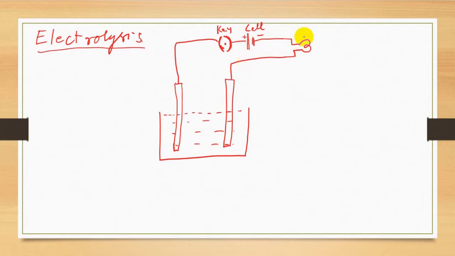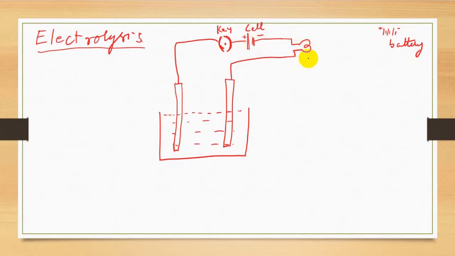Always remember that. If I had given it this way, one smaller, one bigger, then in this case, what is happening? I have taken three different cells. So in that case, I can call it a battery. Clear? And the longer one is again positive and the shorter one is negative. So I have connected a key, a cell.